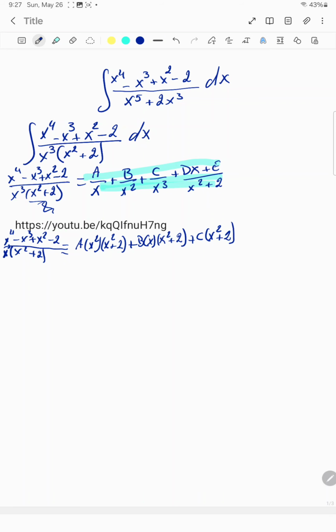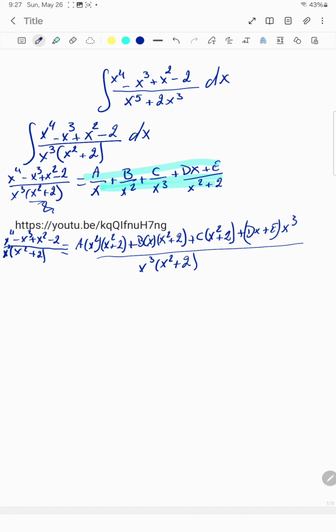I think you know how to do it now, plus dx plus e multiplied by x to the power of 3, and all that divided by x to the power of 3 times x squared plus 2.